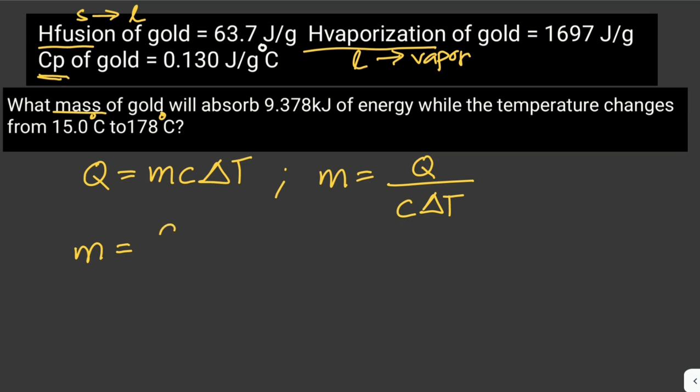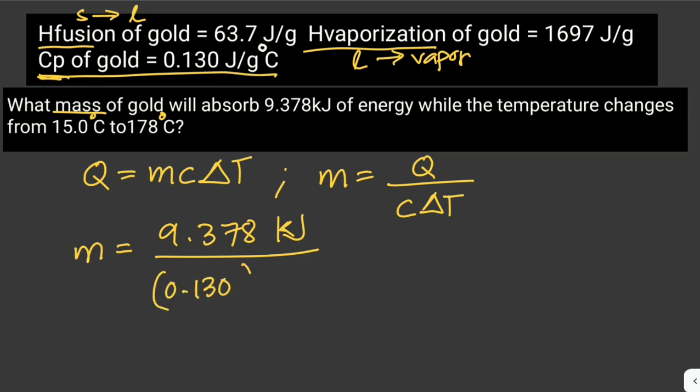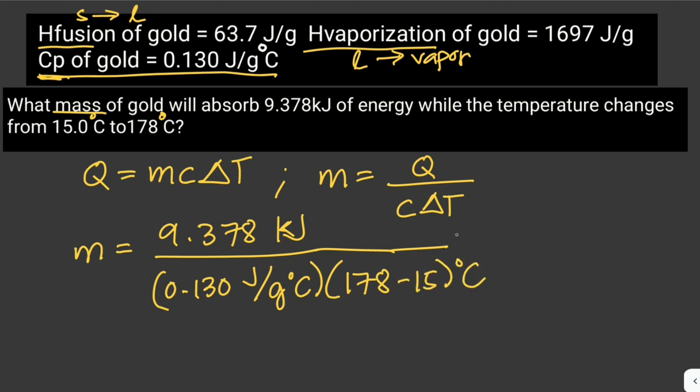So the heat is given as 9.378 kilojoules, the energy, divided by the specific heat. The specific heat of gold is given as 0.130 joules per gram per degree Celsius. And then times the temperature change, that is 178 minus 15 degrees Celsius.